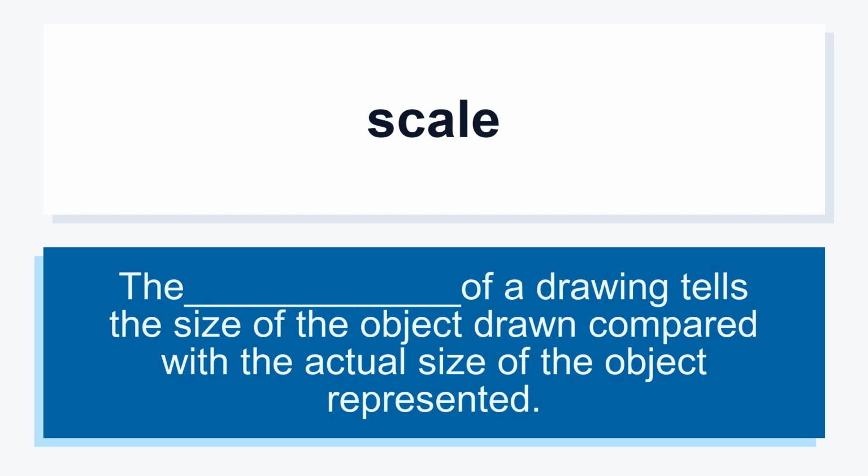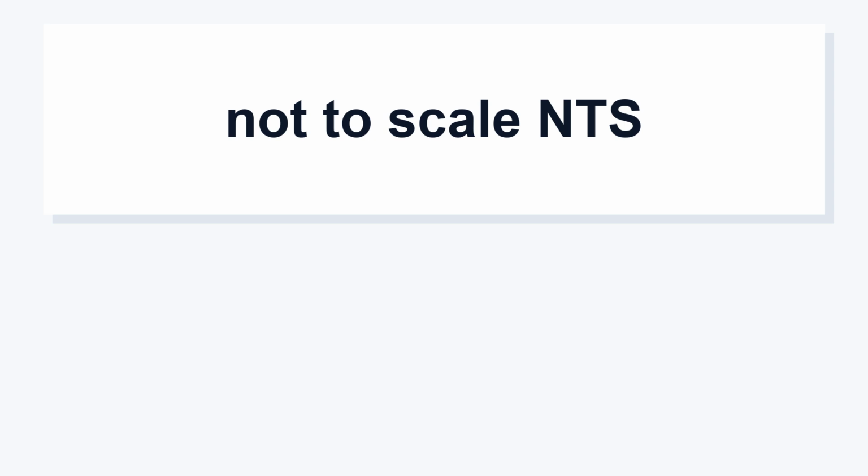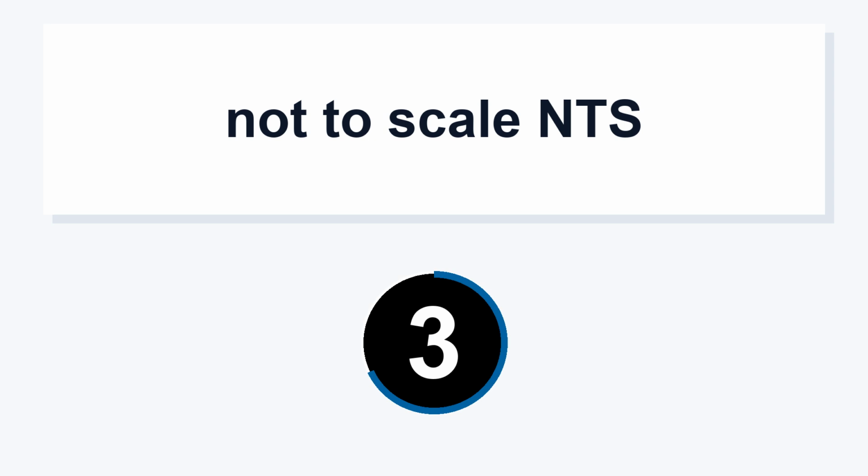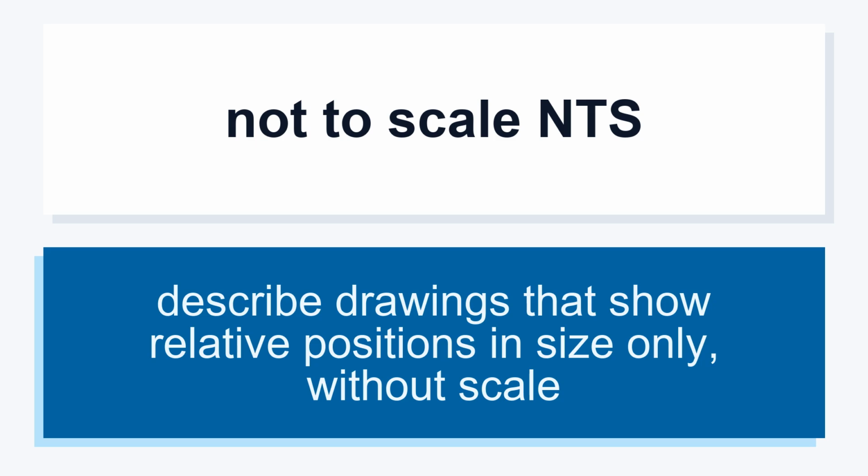The ______ of a drawing tells the size of the object drawn compared with the actual size of the object represented. Not to scale, NTS. Describes drawings that show relative positions and size only, without scale.